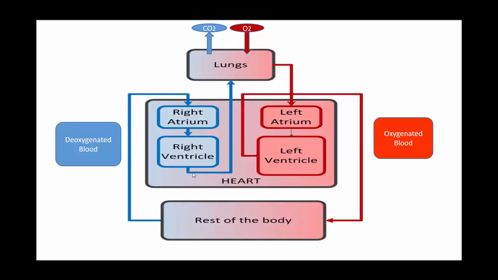From the right ventricle of the heart blood moves into the lungs where carbon dioxide moves out and oxygen moves into the blood, and then this oxygenated blood enters into the left atrium.